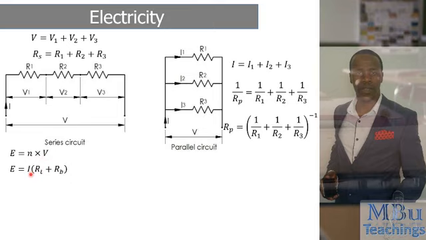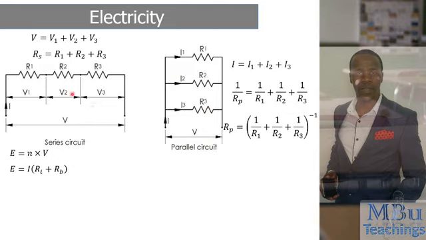Or you can just say it will be the current that flows times RT, which is the total resistance. When I say total, I mean RP plus RS. So it will be the total resistance that is in that circuit. If the circuit has both RP and RS, you add them.